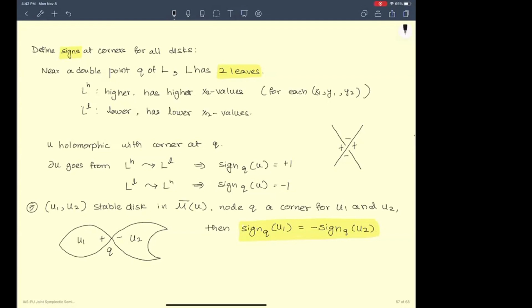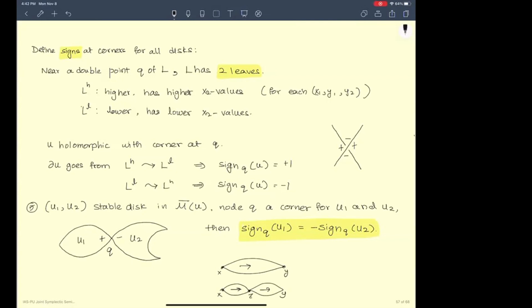If you look at Floer homology and you have a strip going from some point X to Y, it comes with a direction, right? And when it breaks, you can have x to z and z to y. You can't have the other way around.